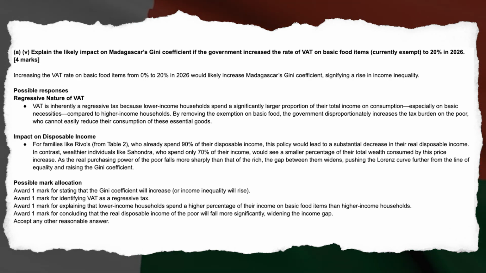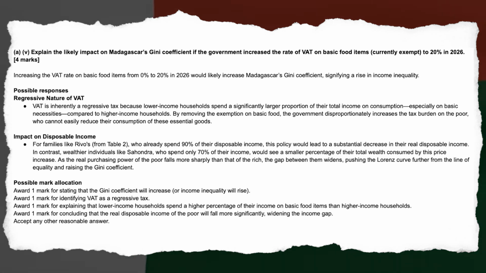A5. Explain the likely impact on Madagascar's Gini coefficient if the government increased the rate of VAT on basic food items, currently exempt, to 20% in 2026. 4 marks. Increasing the VAT rate on basic food items from 0% to 20% in 2026 would likely increase Madagascar's Gini coefficient, signifying a rise in income inequality.